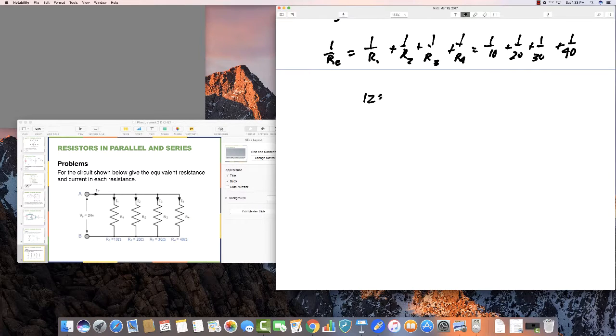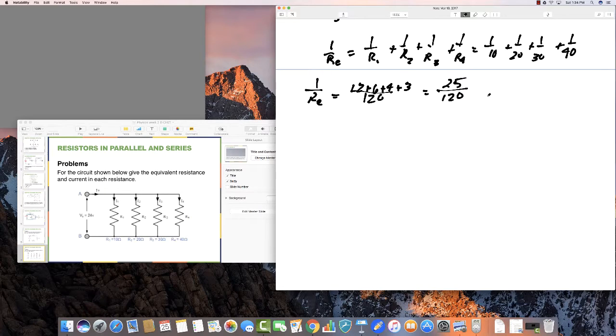So if we say the denominator is 120, that's going to be 12 plus 6 plus 4 plus 3, or 25 over 120. Now that's 1 over RE.